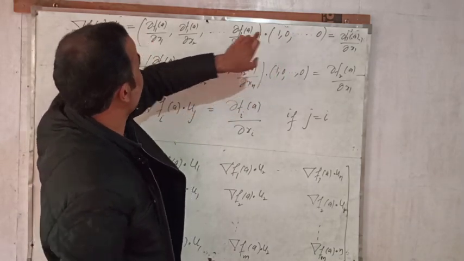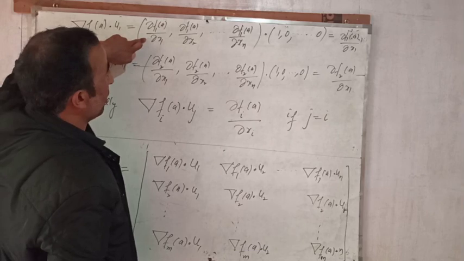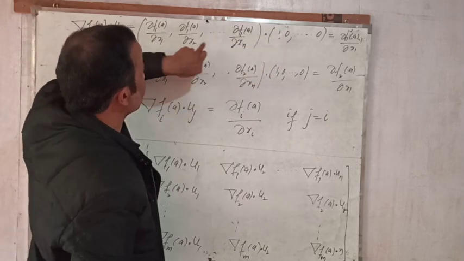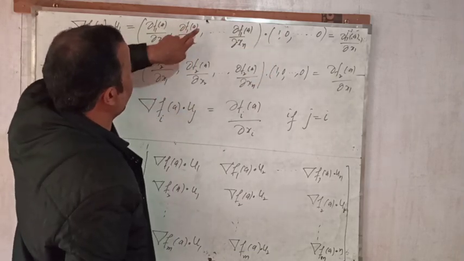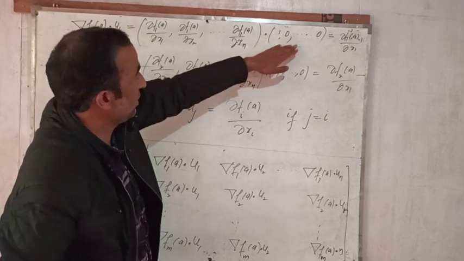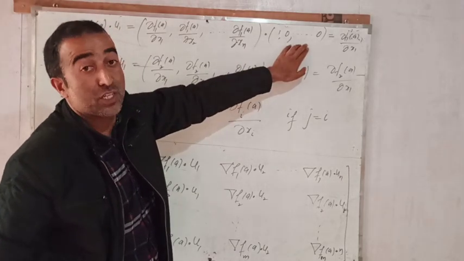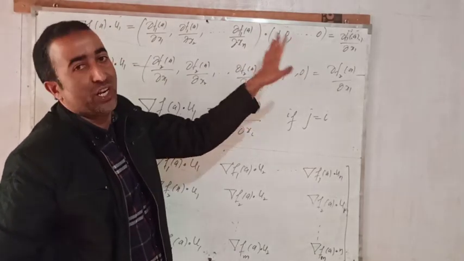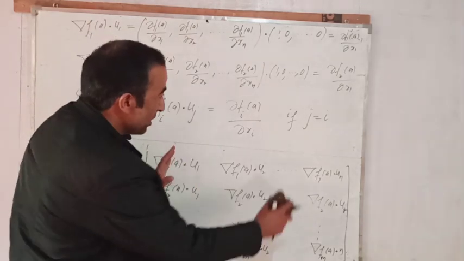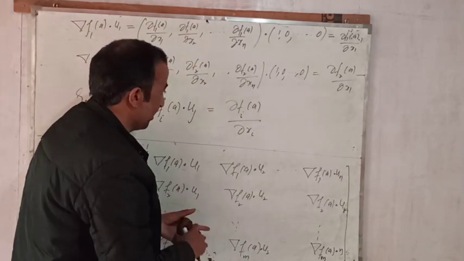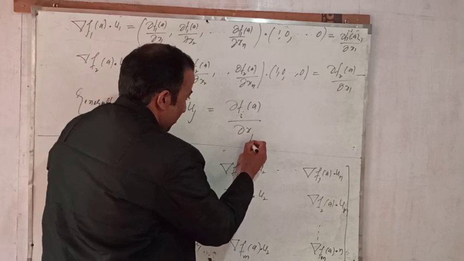When you multiply, 0 goes with this one, then 1 with this one gives delta of f1 by delta of x2. This tells us with respect to which variable you are differentiating. So this is simply this one, for every i and j.